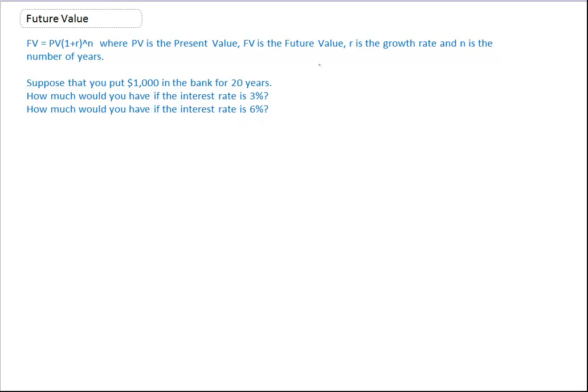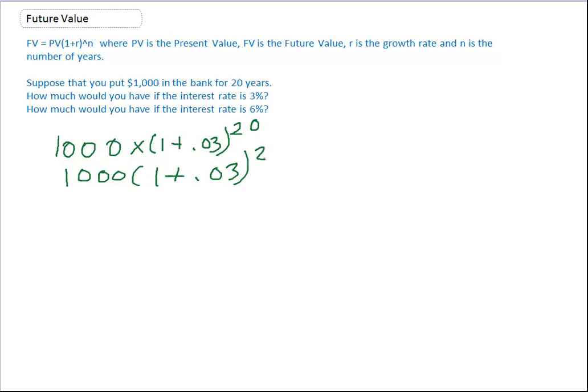So in this case, we're going to take $1,000 times 1 plus 0.03 raised to the 20th power. So just to make it look prettier, 1,000 times 1 plus 0.03 raised to the 20th power.